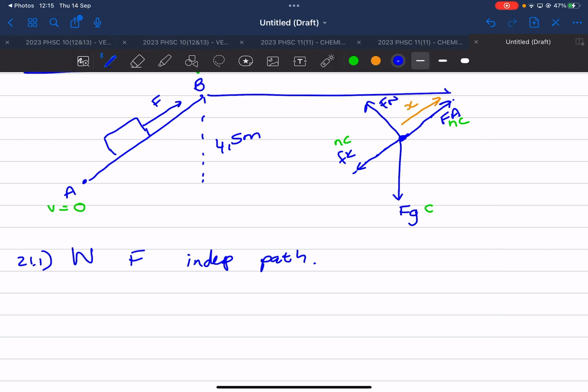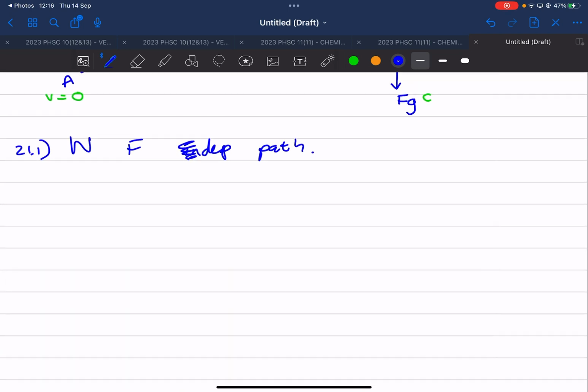Okay, sorry, is dependent on the path taken. Not independent, dependent. Okay, dan 21.2. Draw a labeled free body diagram of the block when it's pulled up the incline. Goed, so daar sien ons nou, that is what we just did.